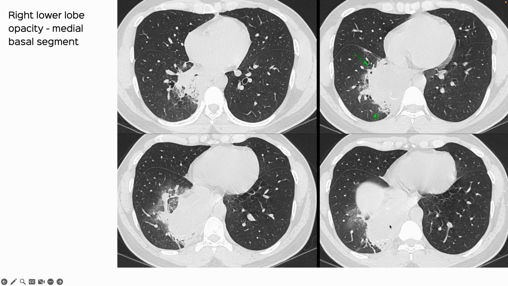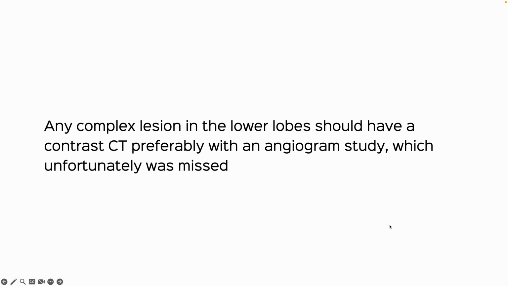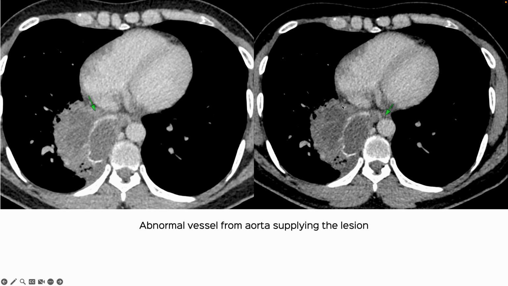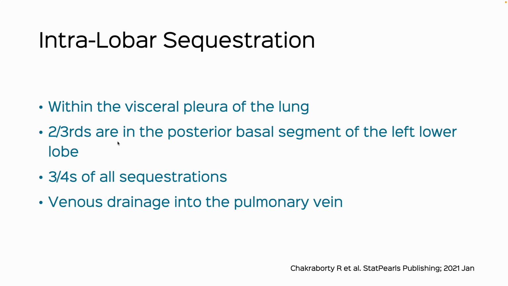There's some calcific foci. Whenever we see something like this, we must do a contrast study with an angiogram image. Unfortunately, only the venous study was obtained. But you can see that there is an abnormal vessel arising from the aorta supplying the lesion, which basically makes it sequestration, which we know is most common in the lower lobes, left more than right, and three-fourths of all sequestrations are intra-lobar sequestration.